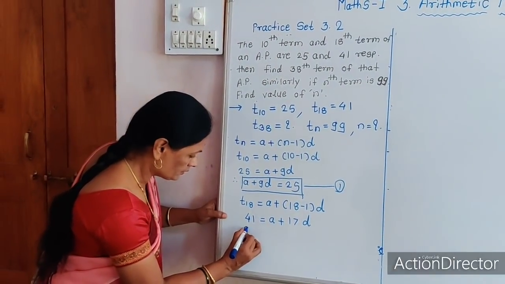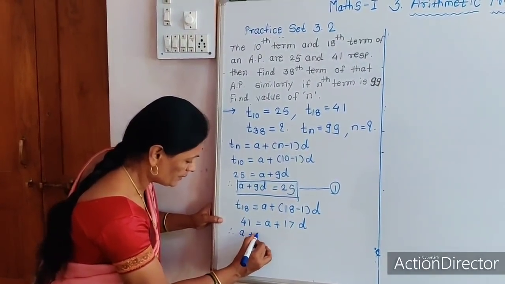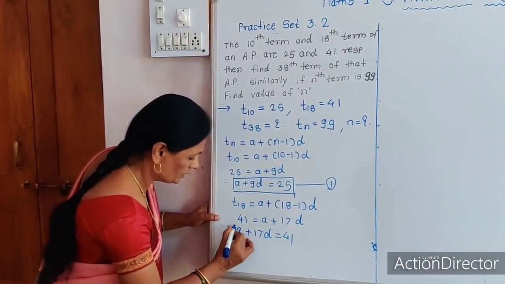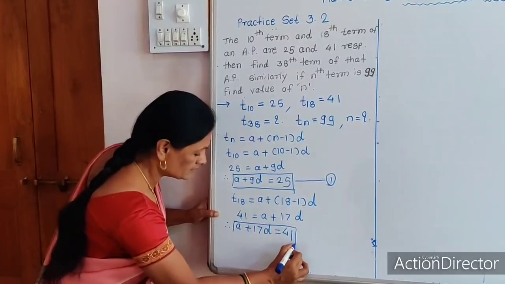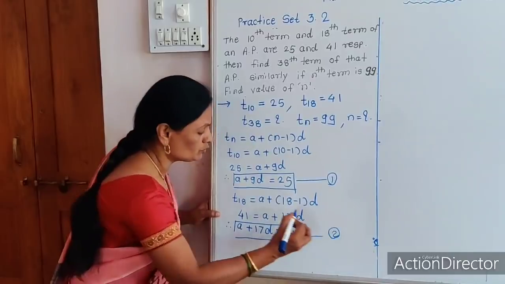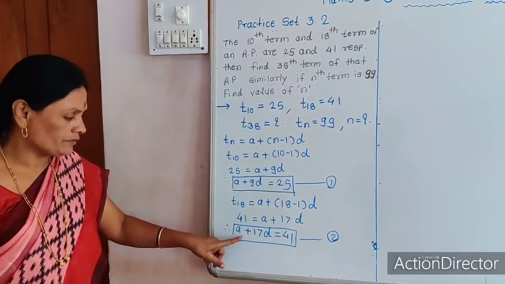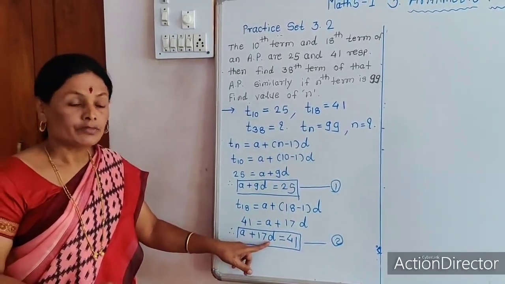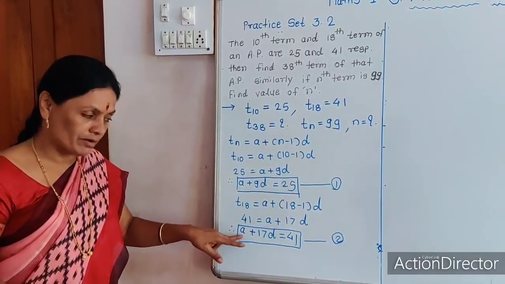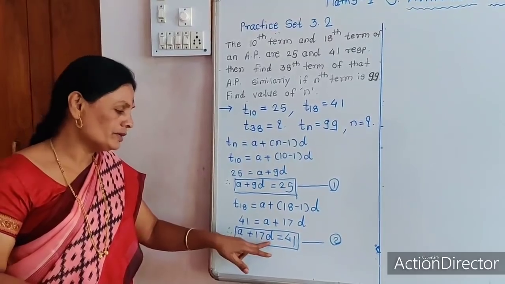And therefore, A plus 17D is equal to 41. This is another linear equation. These two linear equations are in the variables A and D. When we solve these two linear equations, we get the value of A and the value of D.